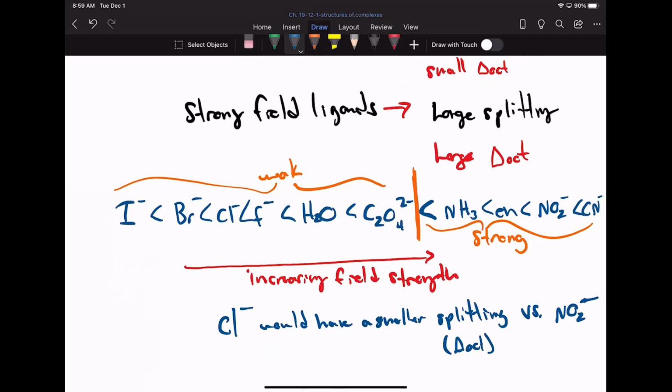That's weak field ligand versus strong field ligand: small splitting, large splitting.